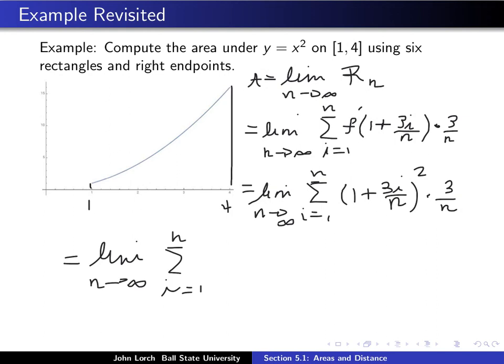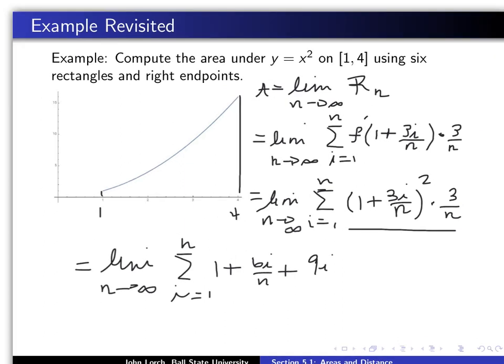And now if you take this whole mess here, if you square the 1 plus 3i over n, that becomes 1 plus 6i over n plus 9i squared over n squared, times 3 over n. And now let's see if we can simplify that down just a little bit more.